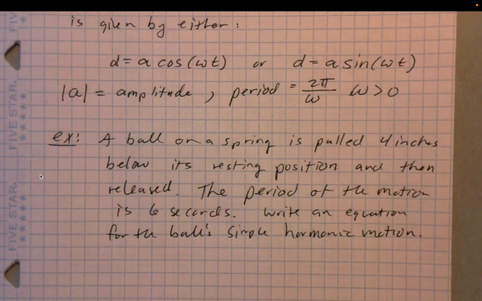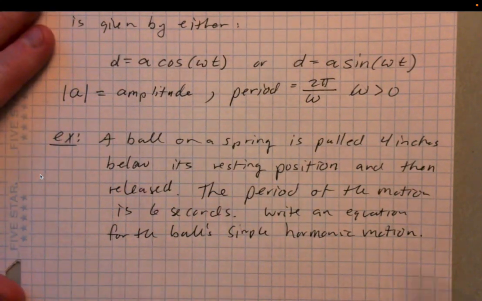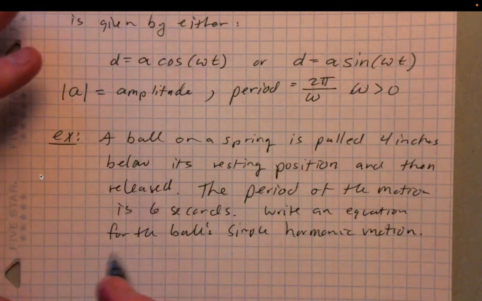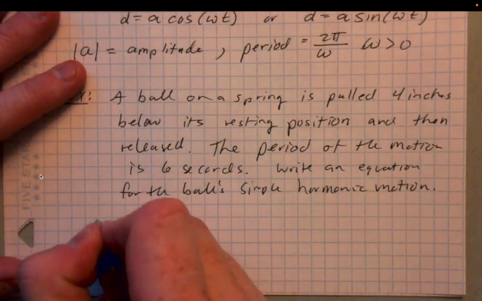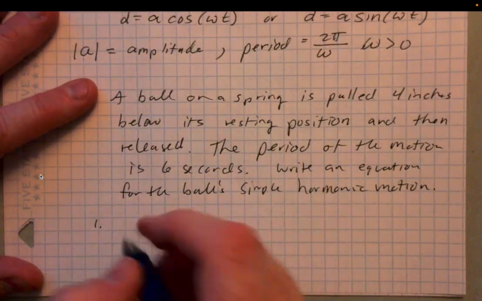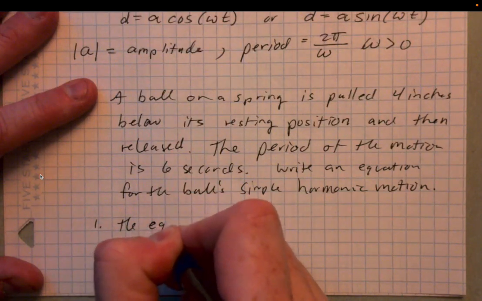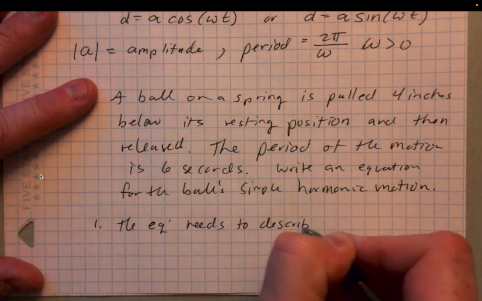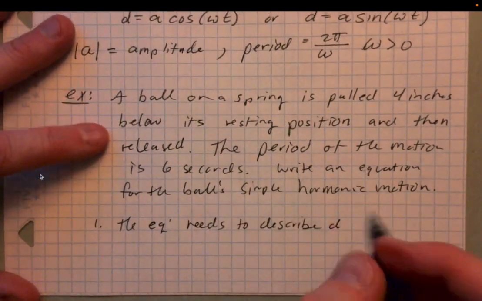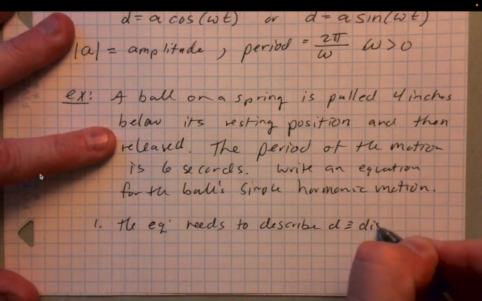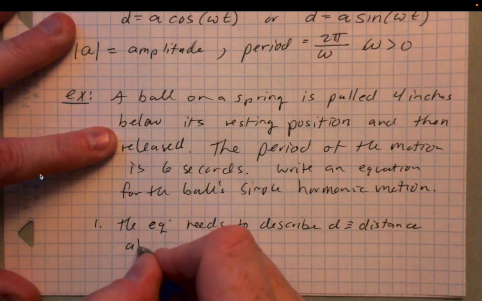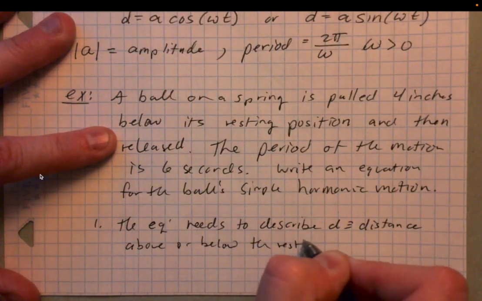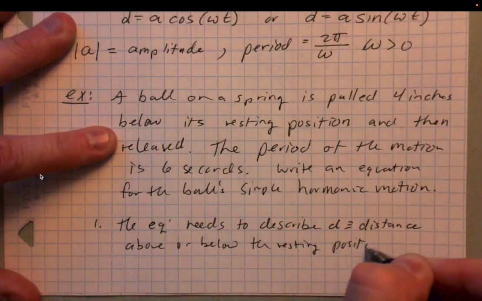Now let's think about what this equation has to accomplish. Three things really have to be accomplished by this equation. The first thing is it needs to describe d, and d is the distance above or below the resting position.